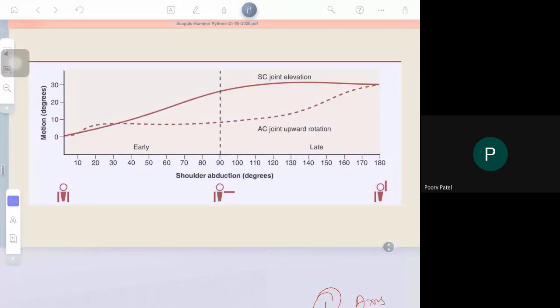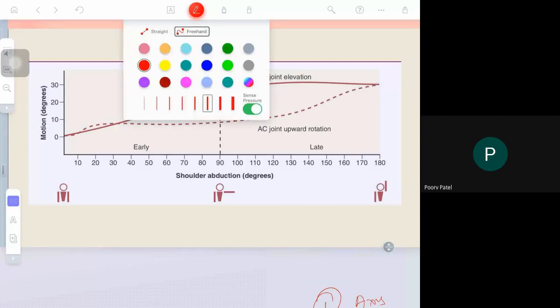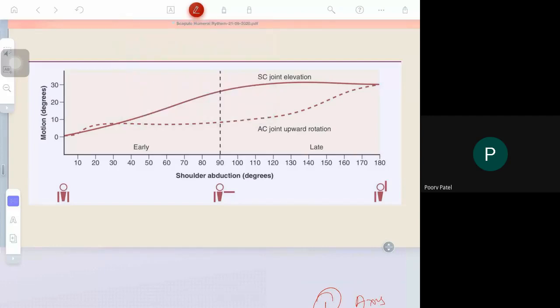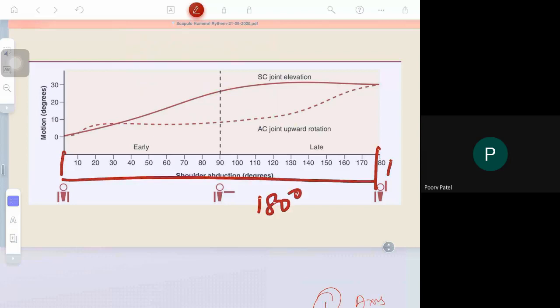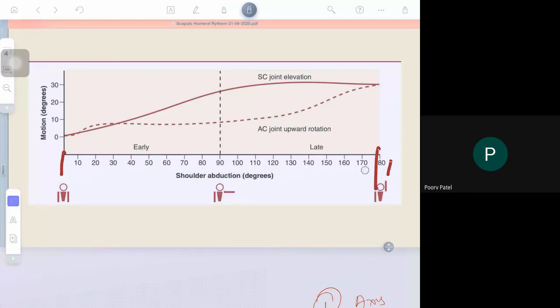Now this diagram is more well defined. If you carefully see this diagram, this picture is taken from Neumann, Kinesiology. Here you see the total is 180 degrees. From here to here it is 180 degrees. Clear? So here the range of motion is increasing, shoulder abduction.